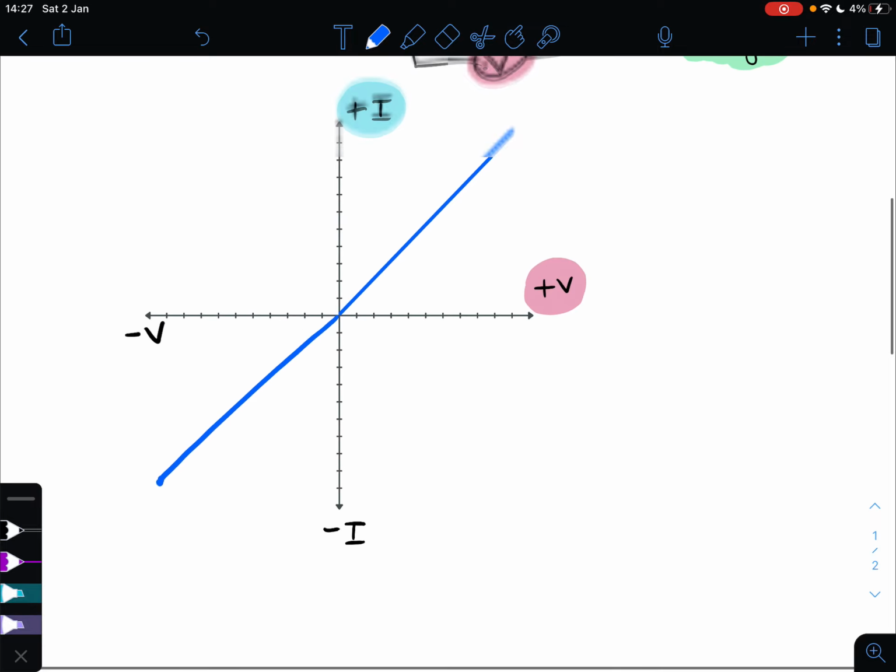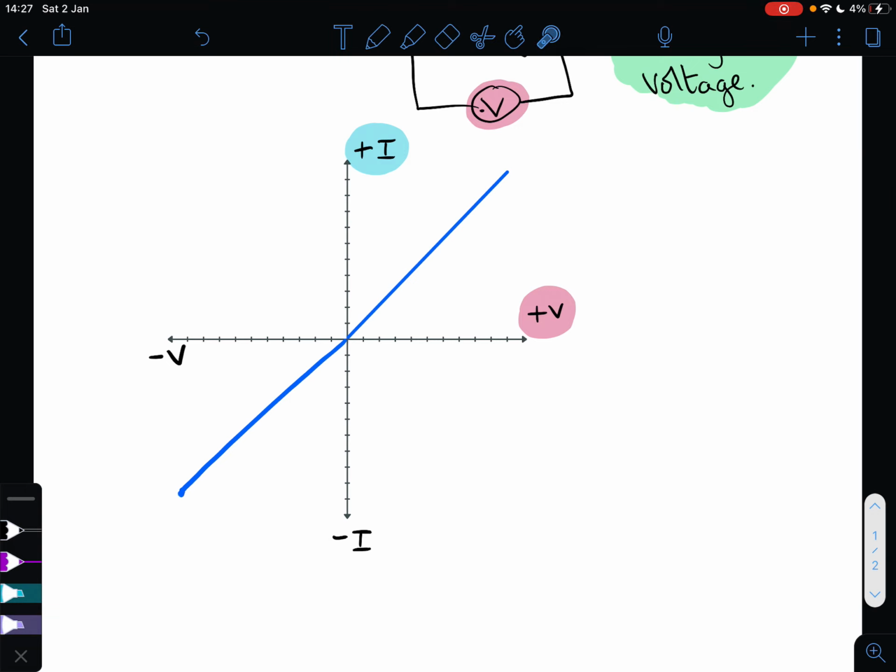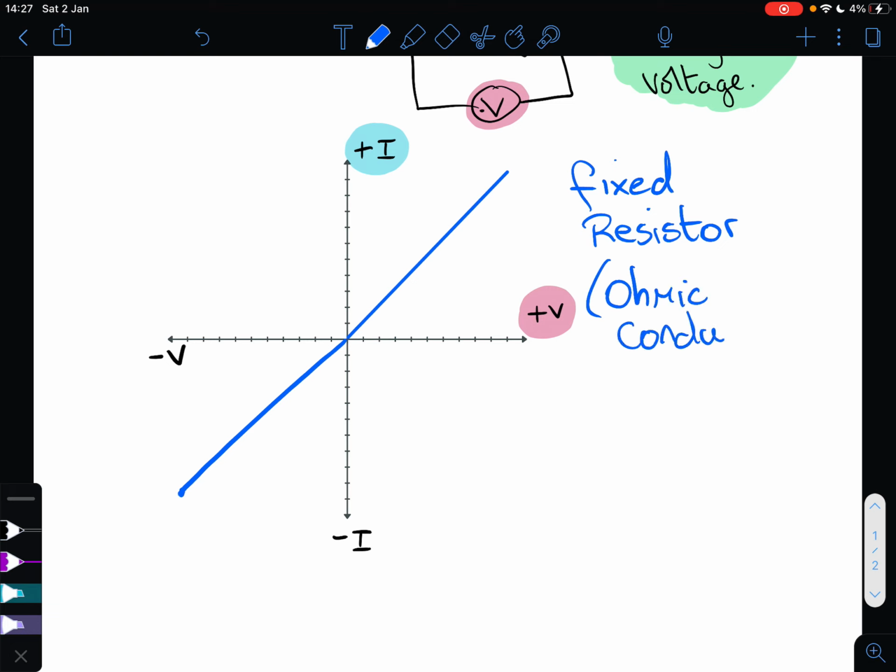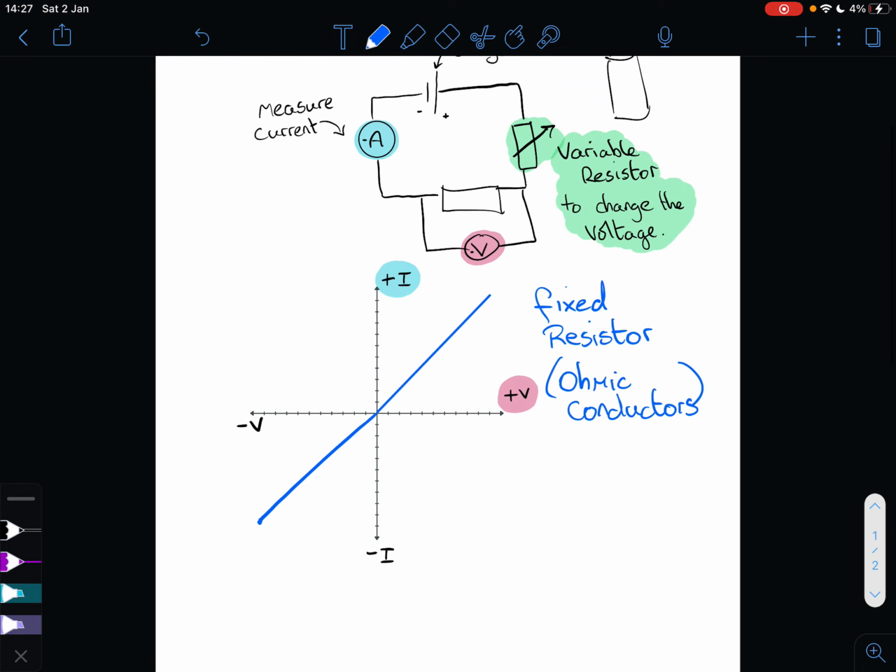So that's our first IV graph for a fixed resistor. We sometimes call them ohmic conductors, like so. So that's our first one.